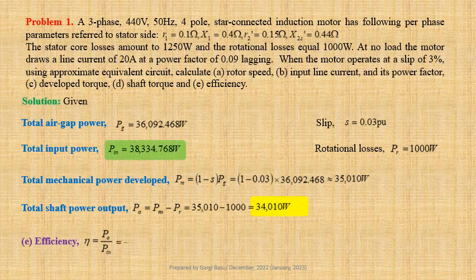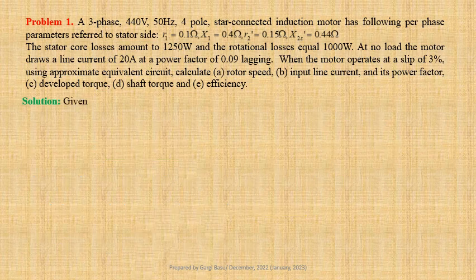Therefore, eta equals to 34,010 divided by 38,334.768, that is equal to 0.8872 per unit or 88.72%.